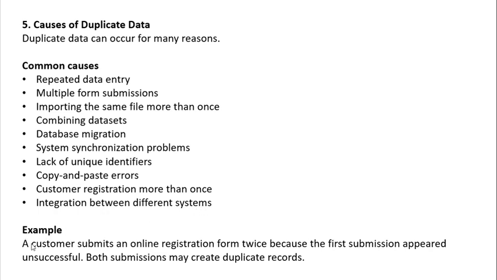For example, a customer submits an online registration form twice because the first submission appears unsuccessful, and both submissions may create a duplicate record.